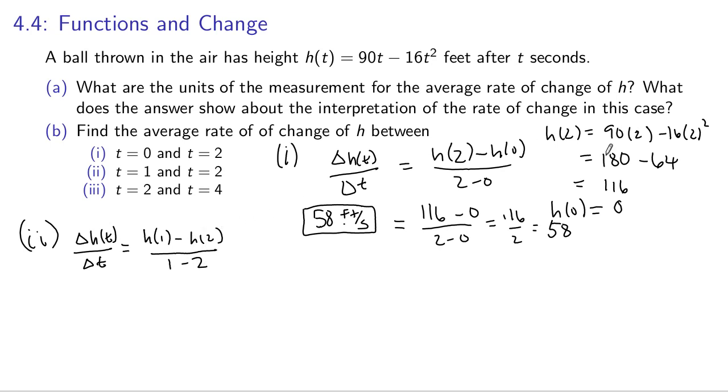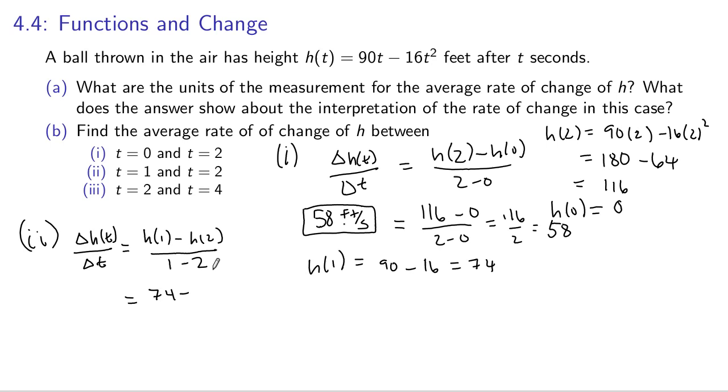Now we've already found h of 2. We can reuse that result, but we need to know what h of 1 is. So putting in 1, we get 90 times 1 minus 16 times 1 squared, which is still 1, which gives us 74. So we have h of 1 is 74.